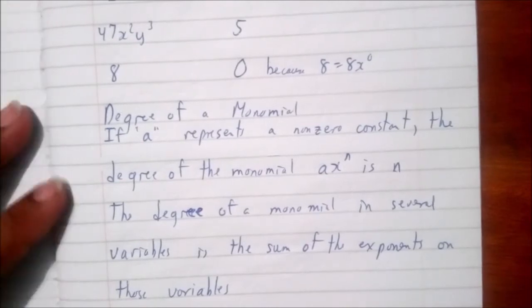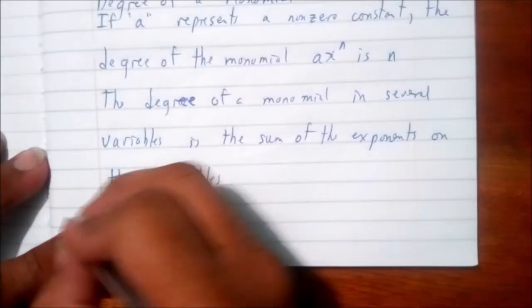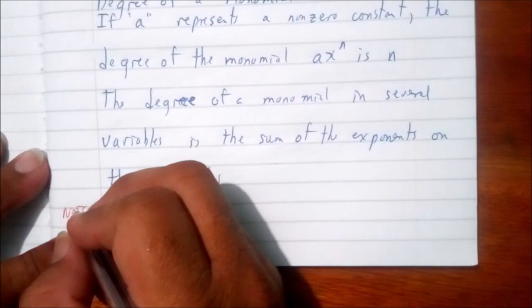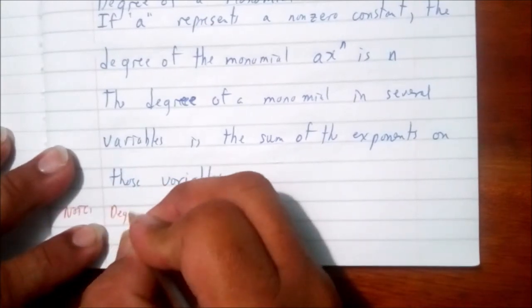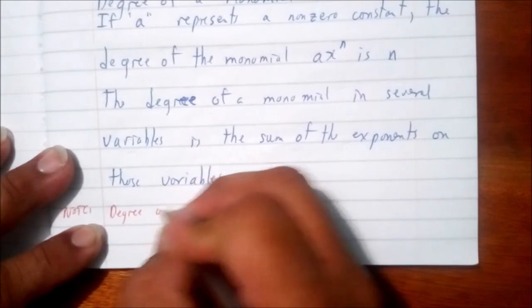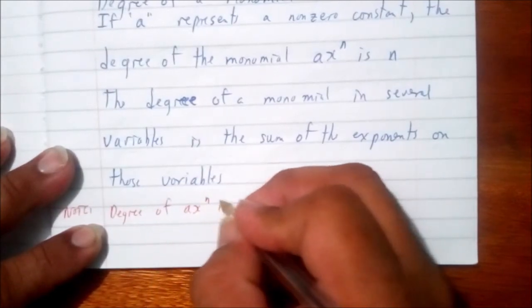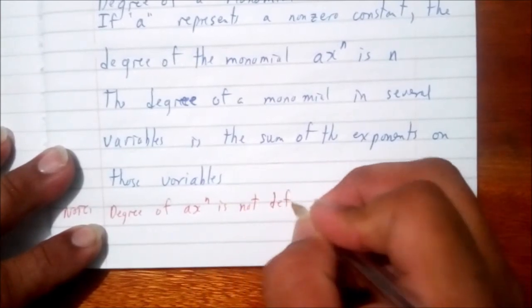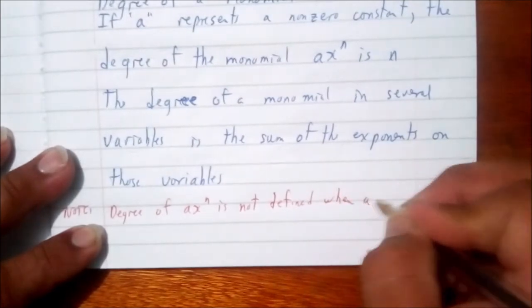However, take note, and I will write this in red: caution, you need to be careful with this piece here. Note that the degree of ax to the n is not defined when a equals 0.